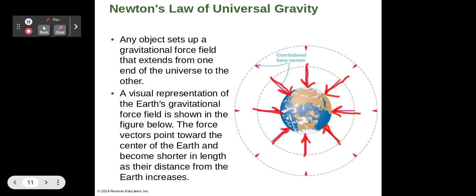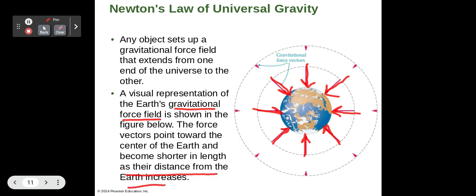And so we call that the gravitational force field because it's all the way around the Earth. The force vectors point towards the Earth's surface, and they become shorter in length as the distance from the Earth increases. So that ought to make sense.